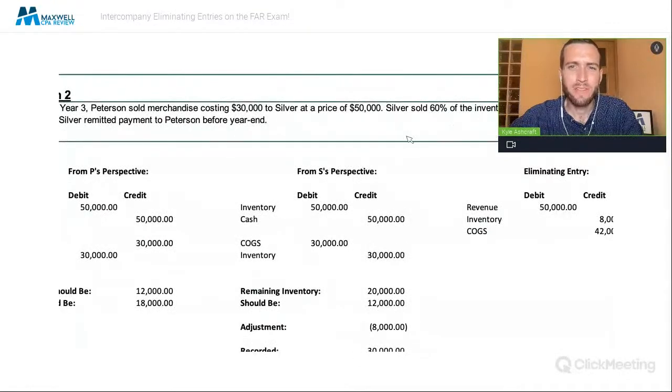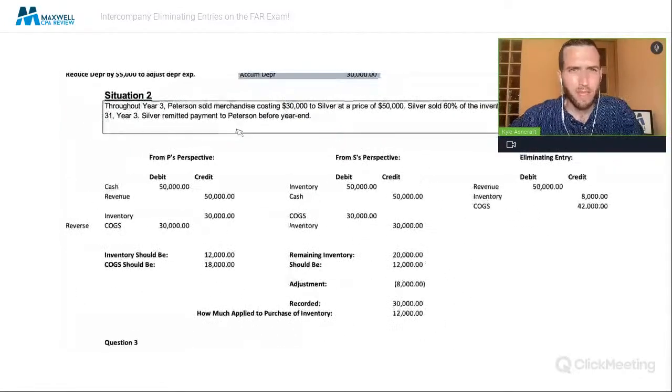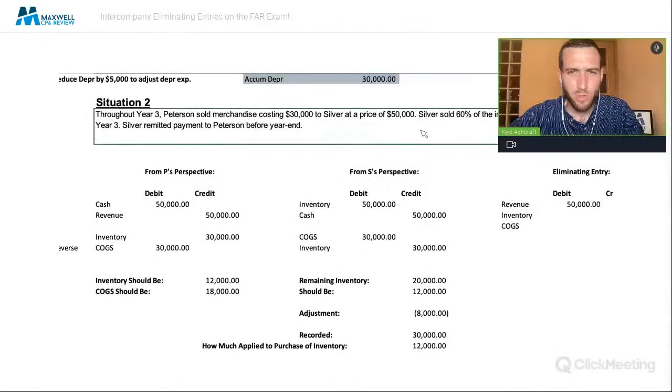Silver sold 60% of inventory by December 31st, year 3. Silver remitted the payment. That doesn't really matter. So we have inventory, and then they sold 60% of the inventory to a customer. So we're going to be asking, what would the entries have been if it was sold directly to the customer instead of going to the subsidiary first?